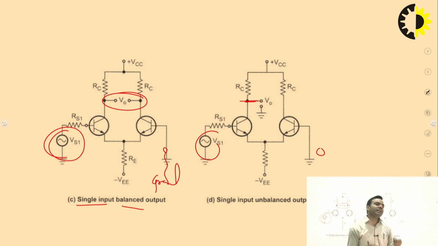Single input balanced output means you are providing input at one transistor, Q1 or Q2, and taking output from two transistors. The fourth is single input unbalanced output, which means you are providing input at either transistor Q1 or Q2, and you are taking output from transistor 1 only.